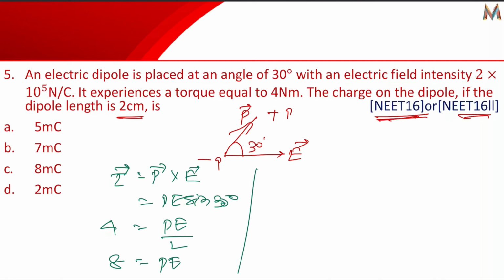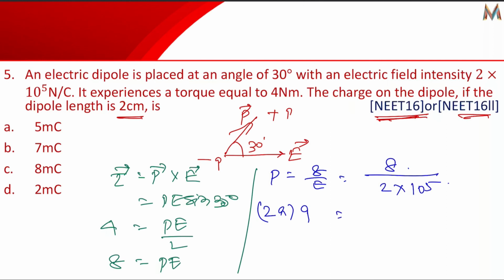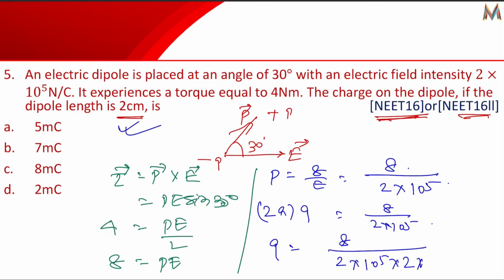Now this E is also given, so we can write P equals 8 by E, which can be written as 8 by 2 into 10 to the power 5. Okay, now P is what? P is 2a into Q, where 2a is the distance. Distance is also given, so we can write Q equals 8 upon 2 into 10 to the power 5, and the distance given is 2 centimeter, that is 2 into 10 to the power minus 2.